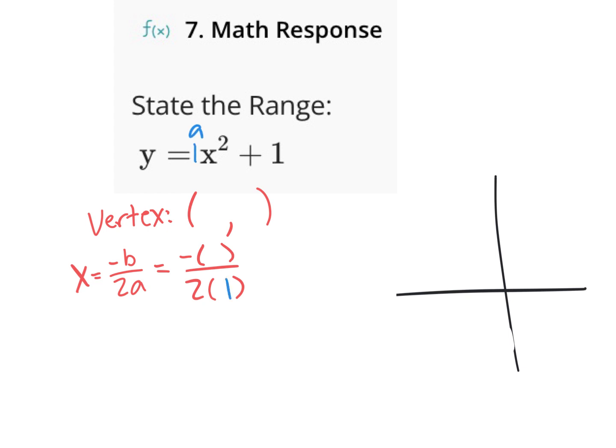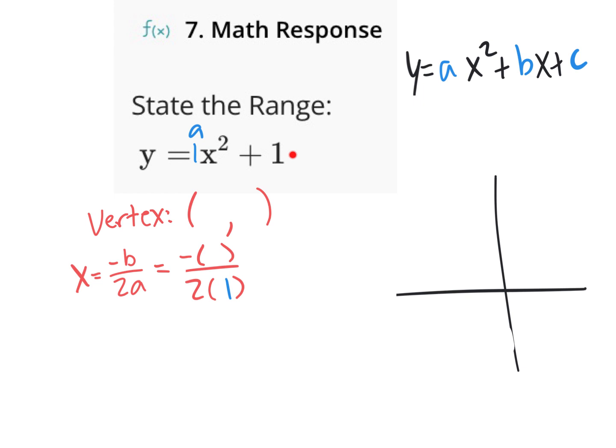The b value might make some of you confused, because the b value is always with the x term, right? It's always y equals ax squared plus bx, and then plus c at the very end. And as you can see, there is no bx term.